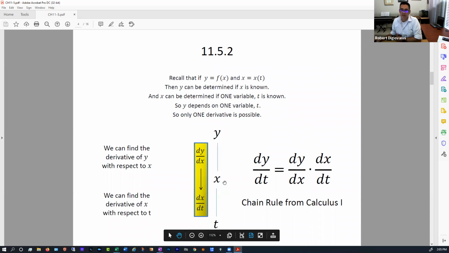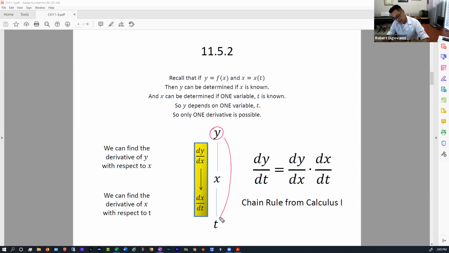Because t gives you x and then x gives you y. Well, whenever you have that, then there's still only one derivative possible. The derivative that's possible is the one that shows the rate of change of this with respect to this variable, which is dy dt.